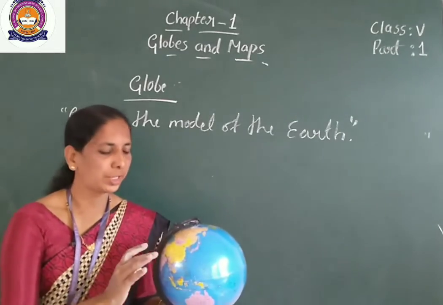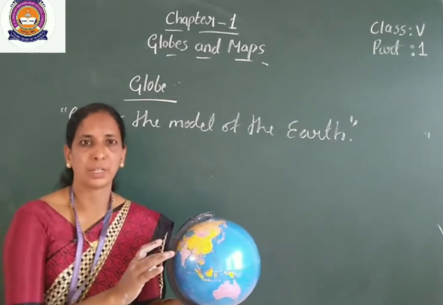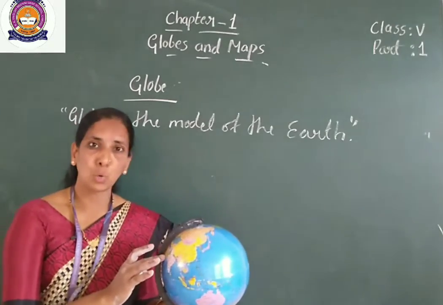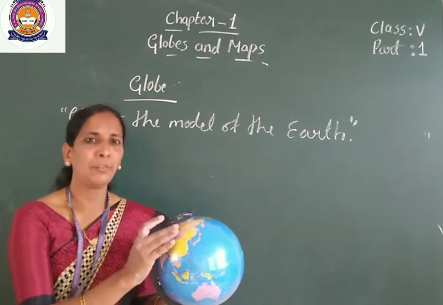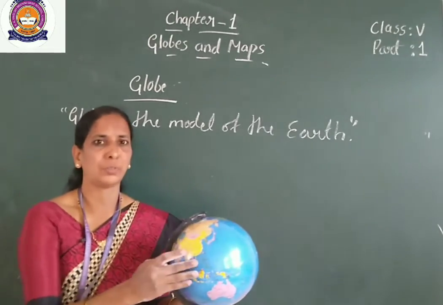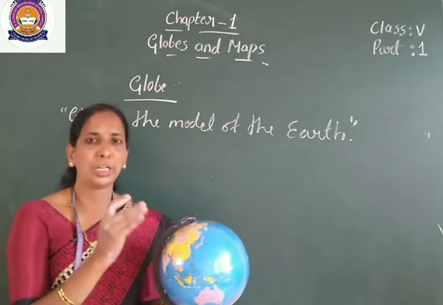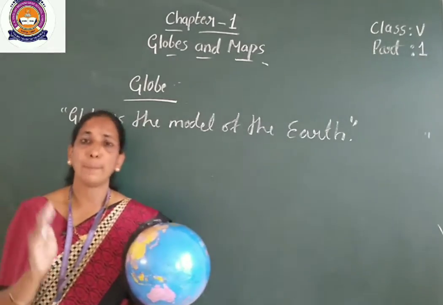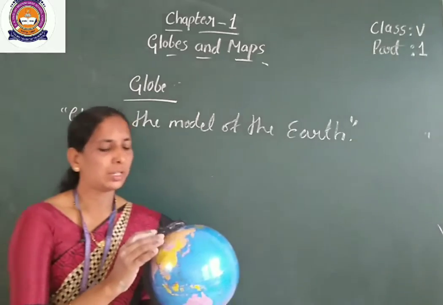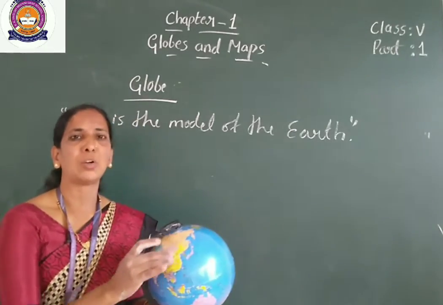Some colors are mentioned here: green land mass, yellow and brown. These denote the different colors on the earth. These are the land masses, these are the continents.